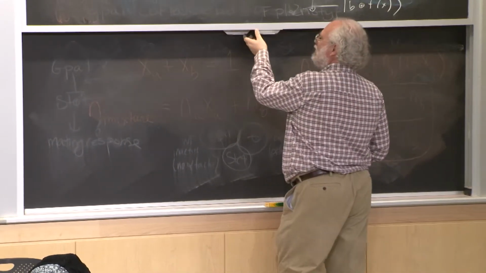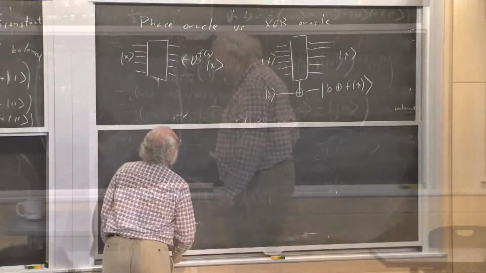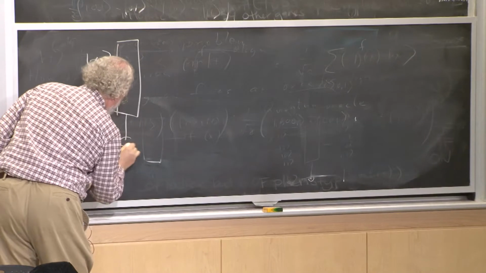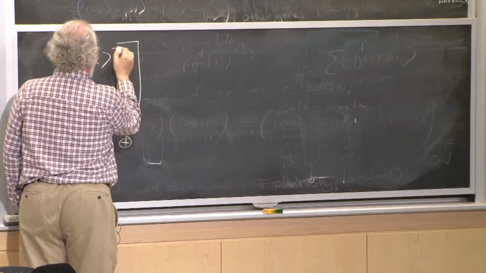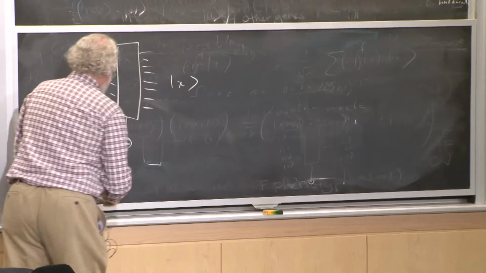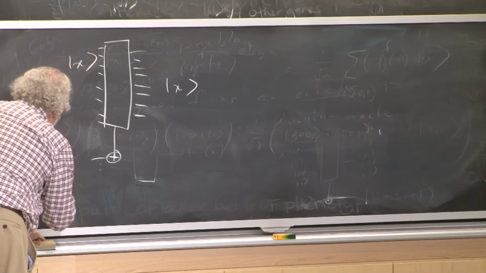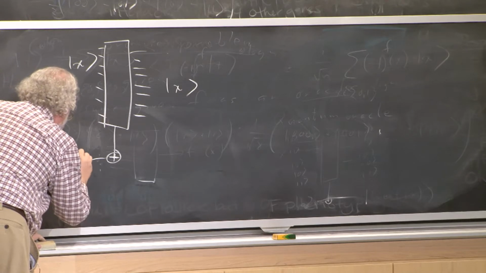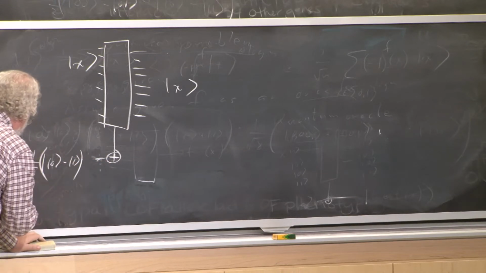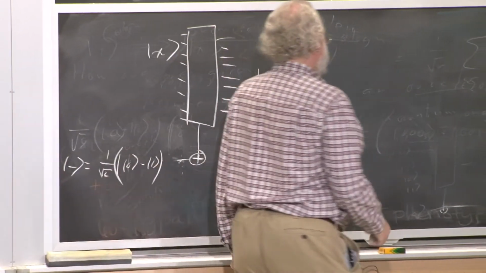And now I want to tell you how to use the XOR oracle to get the phase oracle. And what we're going to do is we're going to put in the state 1 over root 2, 0 minus 1, and that's, of course, minus into this thing.